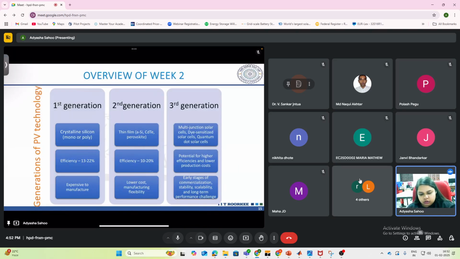Yeah. So we'll go through the generations of PV technology. In the first generation, the material was mono or polycrystalline silicon, with a low efficiency of 13 to 22%, and it was very expensive to manufacture also. Then in the second generation, we had thin film types, amorphous silicon or cadmium telluride materials, used for the PV cell, and their efficiency was 10 to 20%.